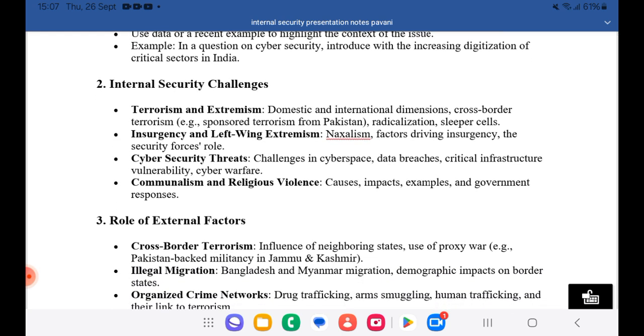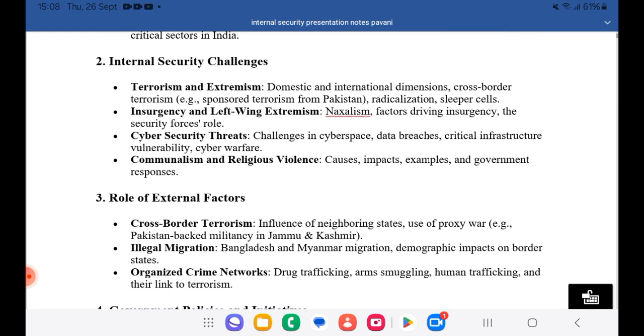Whenever we talk about internal security challenges, one thing for sure we'll mention is terrorism and extremism. In that we have cross-border terrorism, then radicalization, sleeper cells, etc. Then second, insurgency and left-wing extremism, where we'll talk about Naxalism and factors driving insurgency.